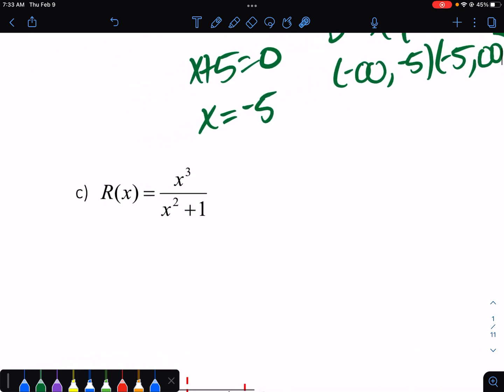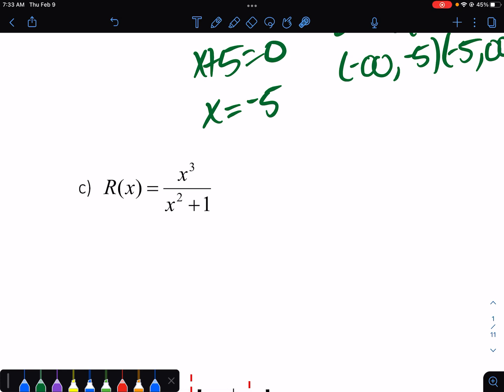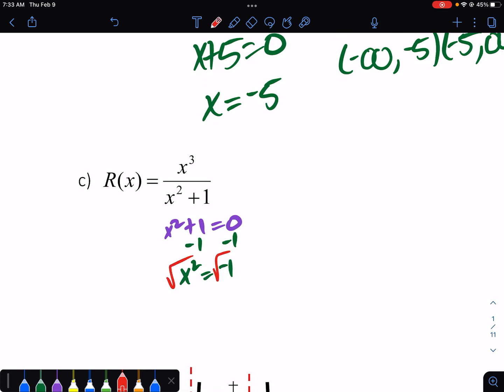Okay. If we look at this one, notice here we've got x squared plus 1. If we set that equal to 0, this is not factorable because I can't multiply to 1 and add to nothing. We could use the square root property. So if I subtract 1, I get x squared equals -1. And then I want to undo the squared, so I'm going to take the square root of both sides.